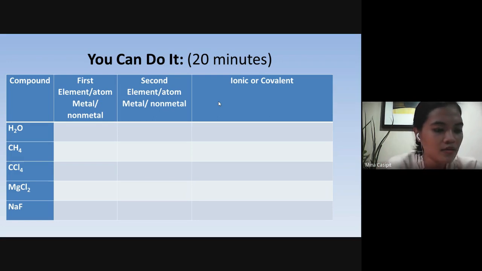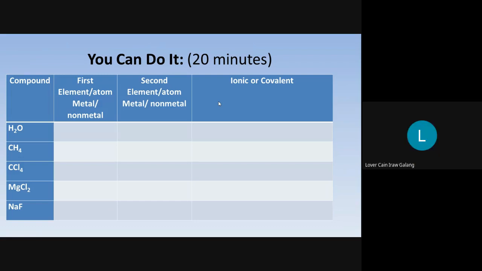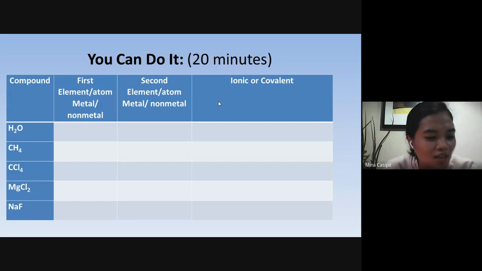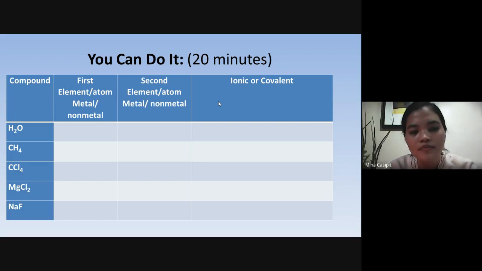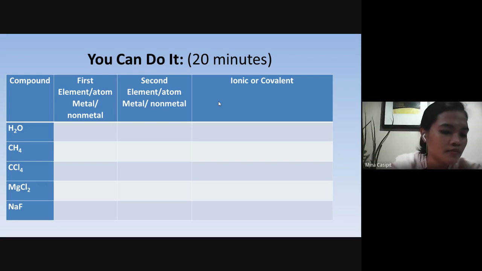Who will try? CCl4, ma'am. Metal. Second, ma'am, metal. Ionic. Wait lang. Naguluhan kami, lover. So, first element is? Metal. Sure? Opo, ma'am. Carbon is? Metal din, ma'am.